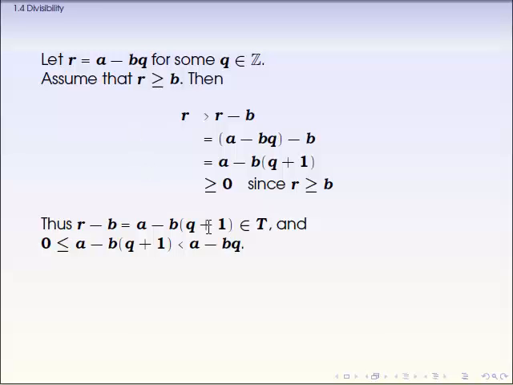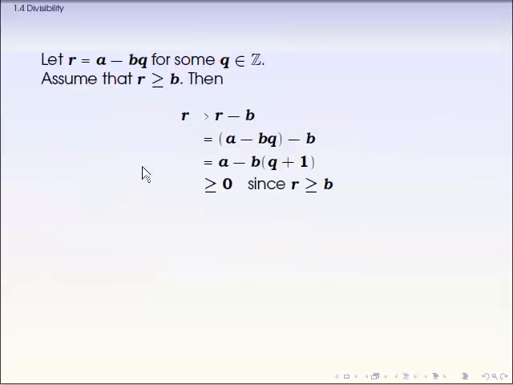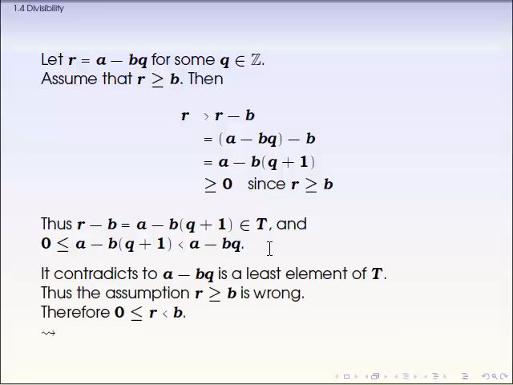So when we started, our assumption was that r must be the least element in T, but we found another integer in T which is less than r. So that is not right. It contradicts our assumption for r. Okay. Therefore, this assumption, which says r is greater than or equal to b, should be wrong, right? Therefore, r must be less than b.